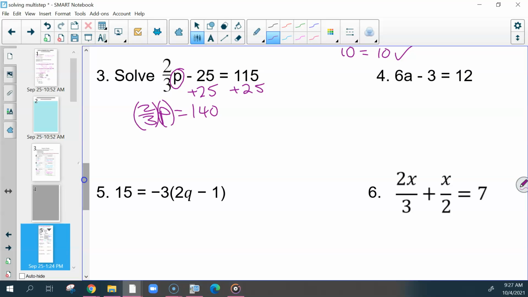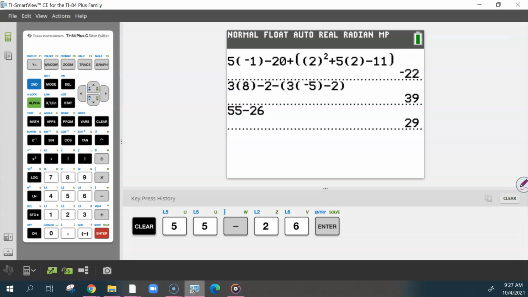So to undo that, we would divide. You have to divide by the fraction. And then afterwards, I'll show you what happens. So in our calculator, we're going to put this in our calculator.